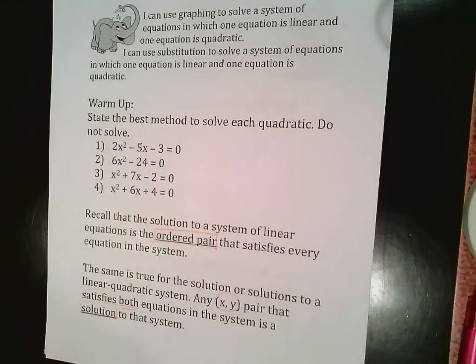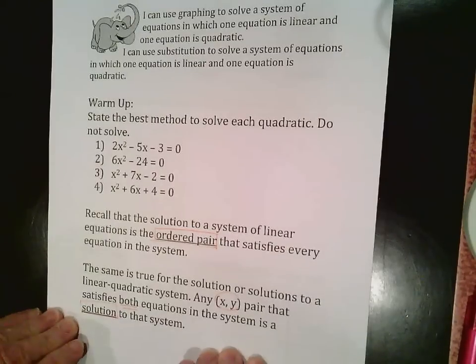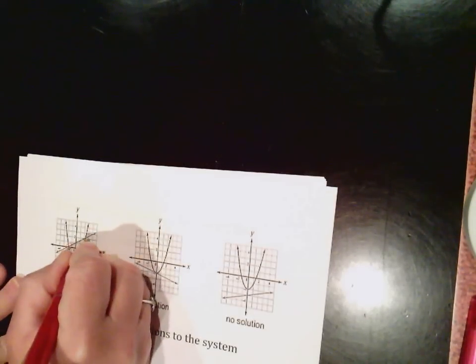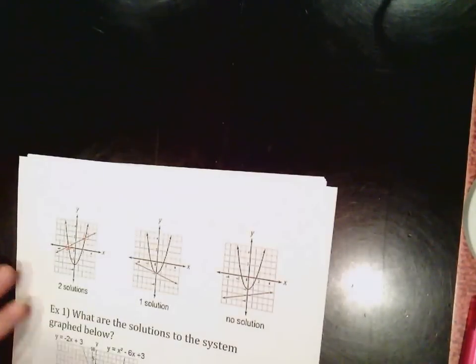So what we're looking for is the point or points that are on both equations or both graphs. One way we can look at that is by looking at the graph. This is an example where we have two solutions because the parabola and the line cross in two different places.